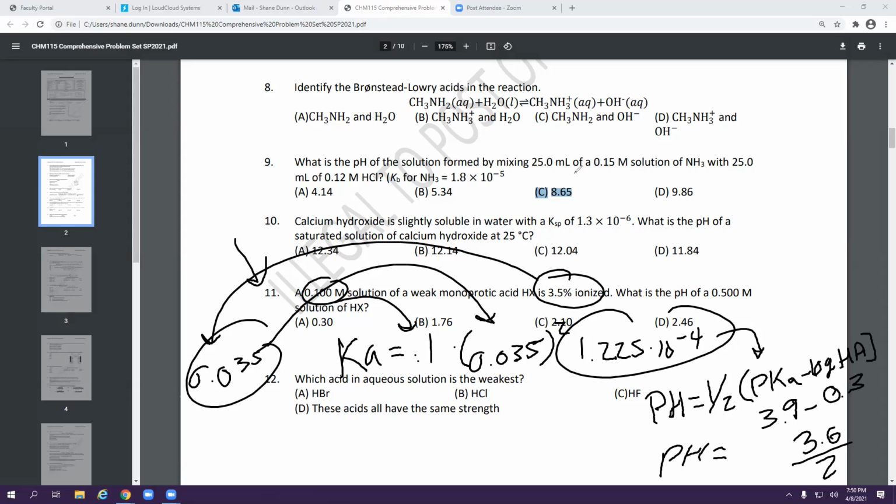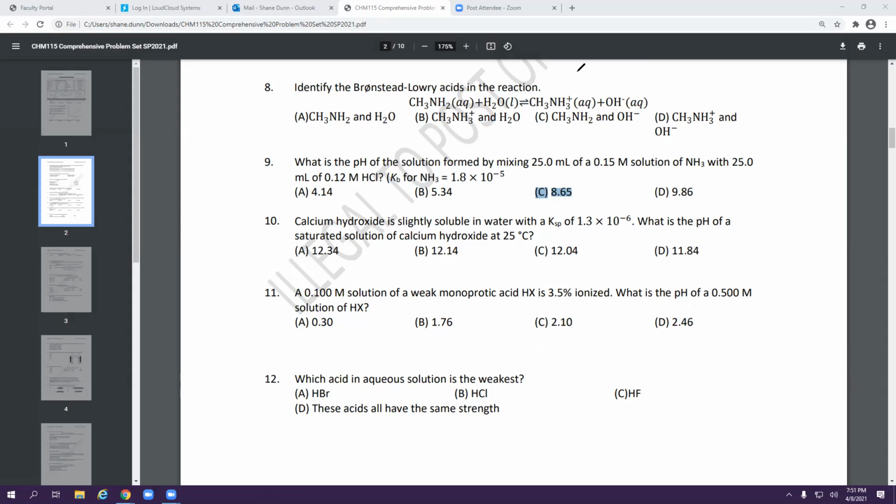That's one of the answers, yes. 1/2 of pKa minus the log of HA equals 3.91 minus that number. That got divided by 2. I got 1.8. The closest one to that is B. So the answer would be B.